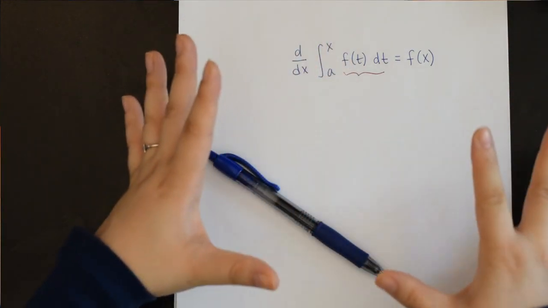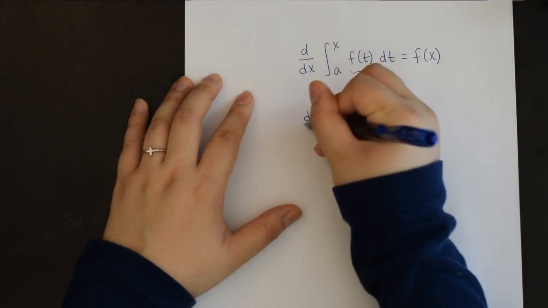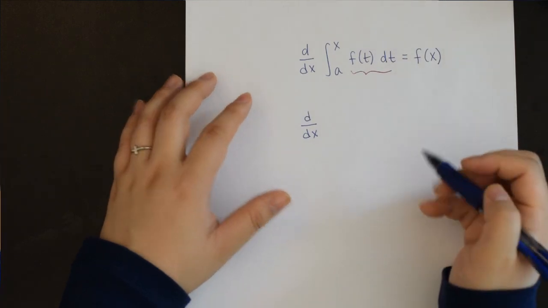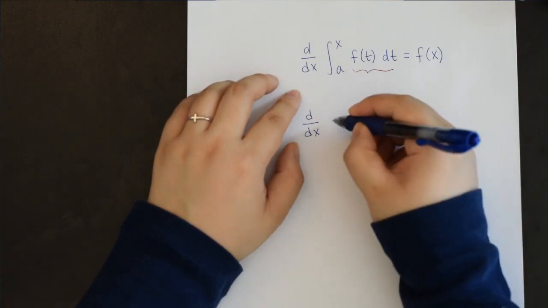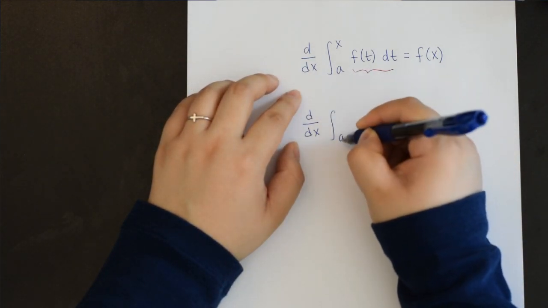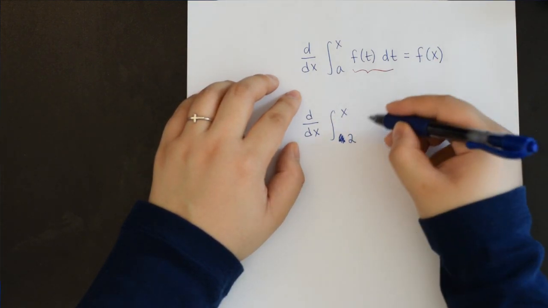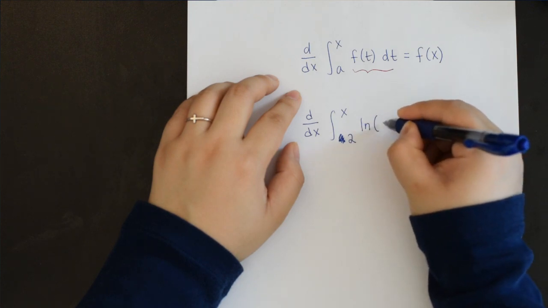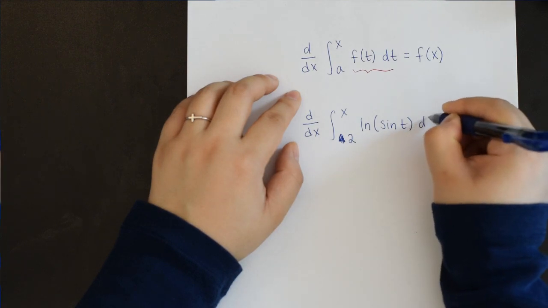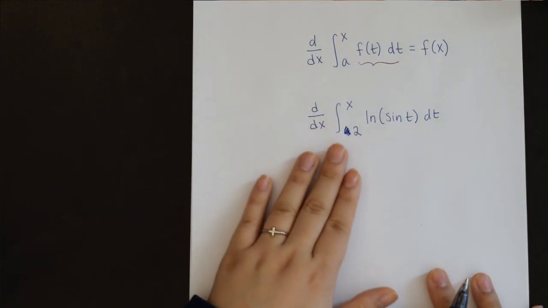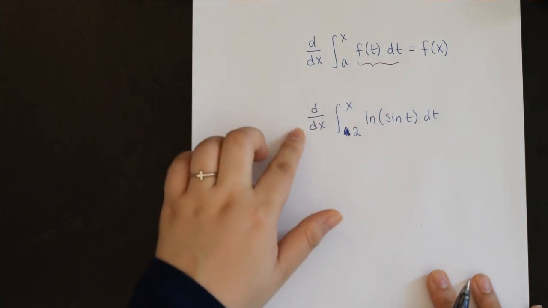I know that that sounds kind of vague right now, but let's say we have d of this whole thing with respect to x of, let's put in a number, so like the integral from 2 to x of the natural log of sine t dt, okay? So this would be one type of problem, and you might see it written slightly differently.